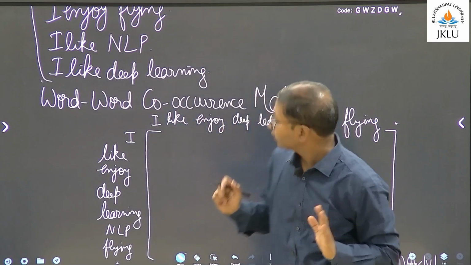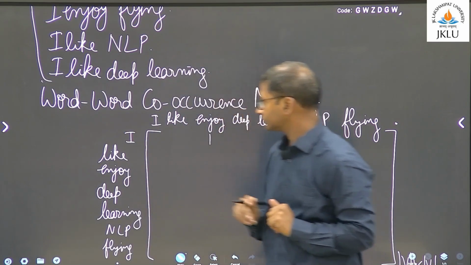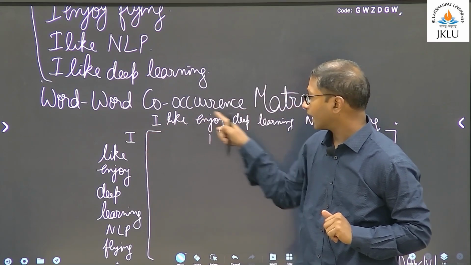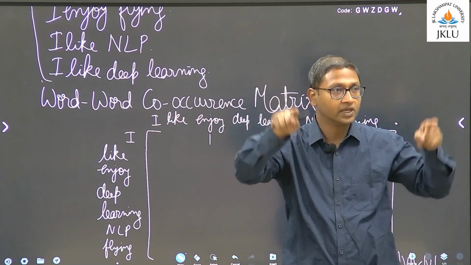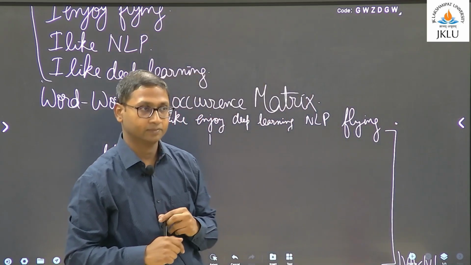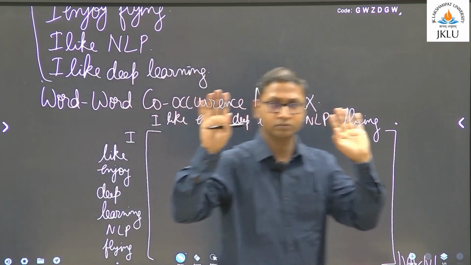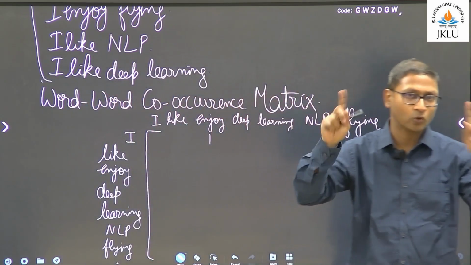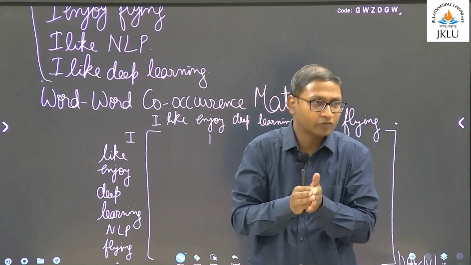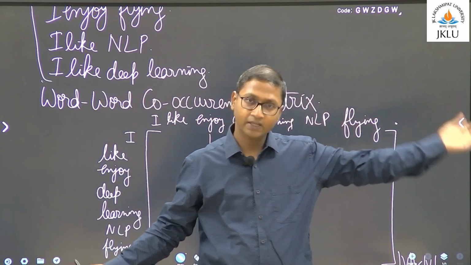Enjoy. So I will put a 1 here, because I and enjoy form a context and center pair. Right now I am taking window size equal to 1, not 4, not 2, just 1. That means if I is the center word, the only pairs will be the one on the left and the one on the right.